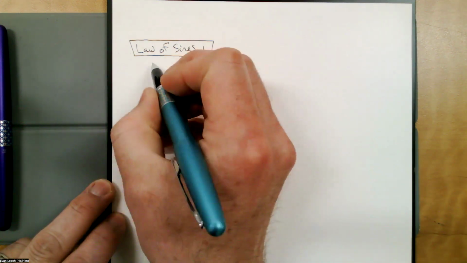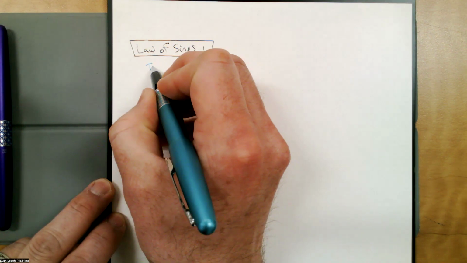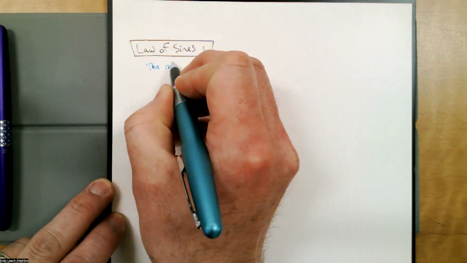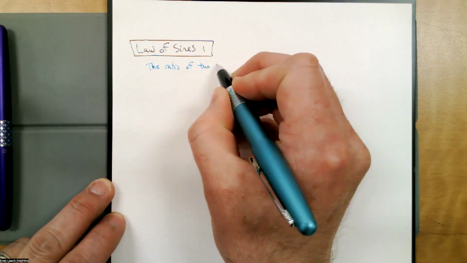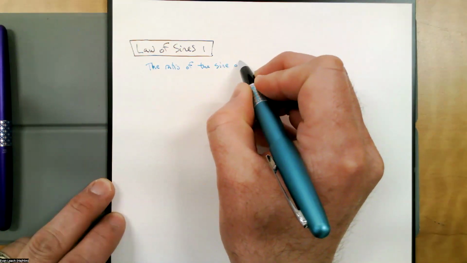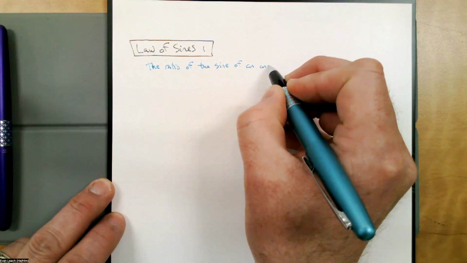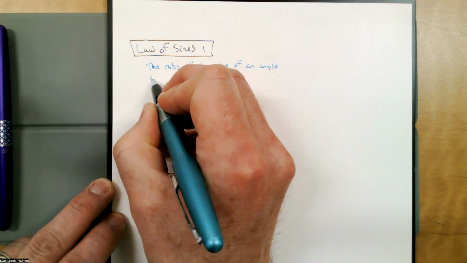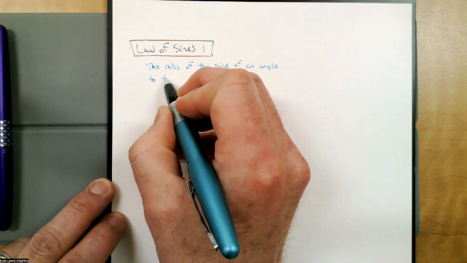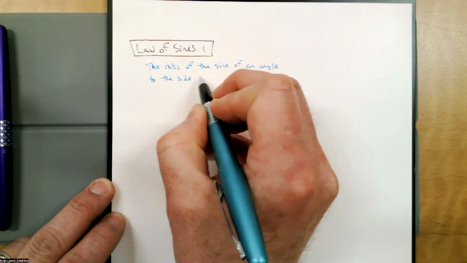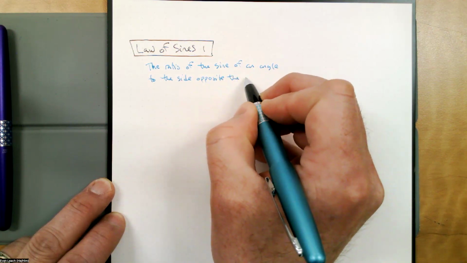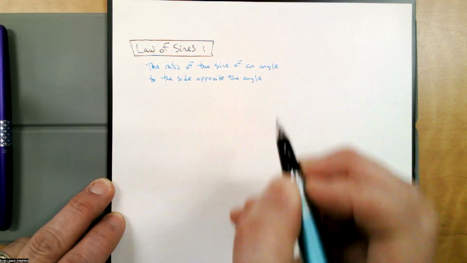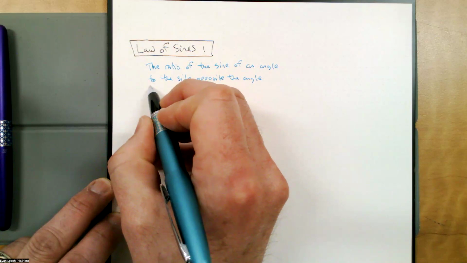The law of sines says that the ratio of the sine of an angle to the side opposite that angle is constant in any triangle.